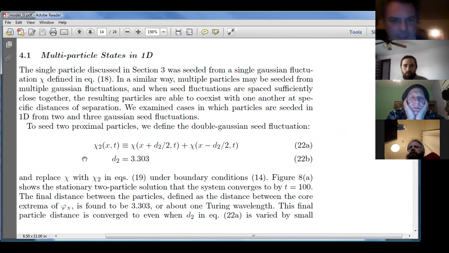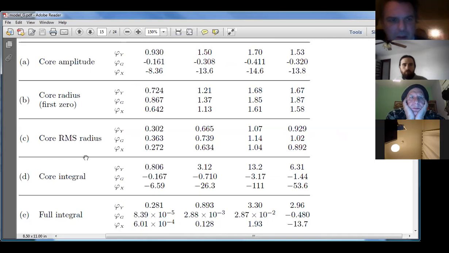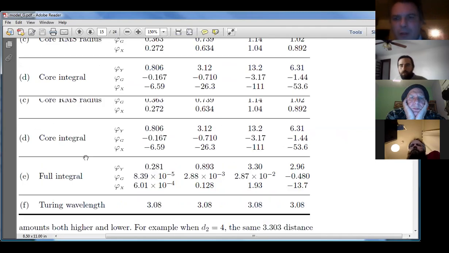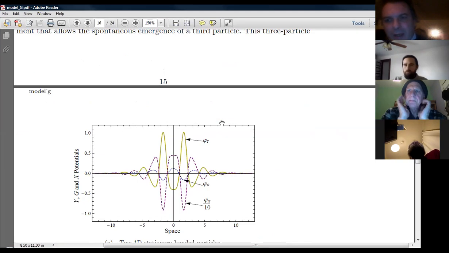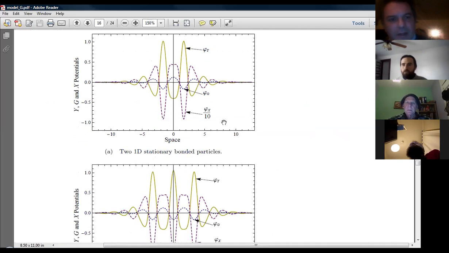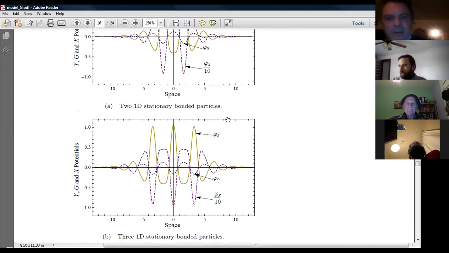So I don't know if these were all done in ETD stepper or some of it was done in Mathematica. But the plots with the Gaussian soliton, where we've got the x, y, and g, this one here. Can you see this one here? Yeah. X, G, and Y. That's done in Mathematica. Okay. Those ones.